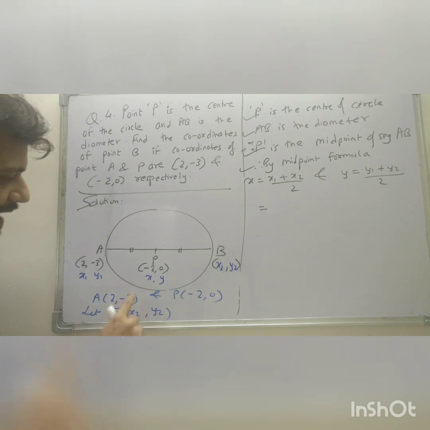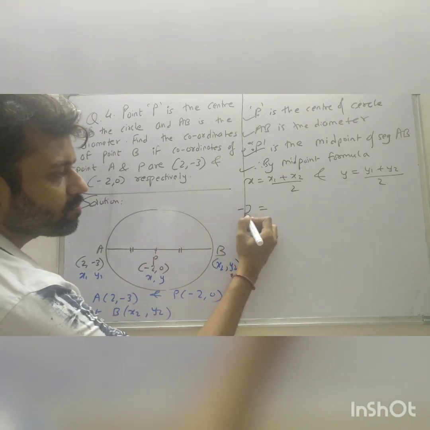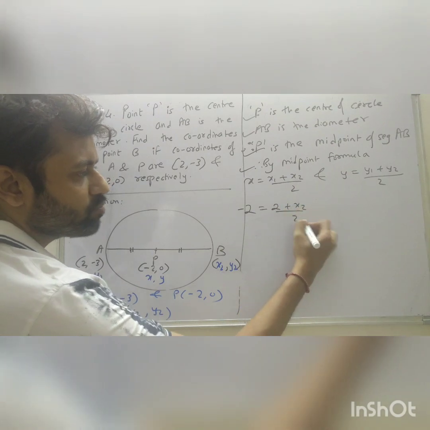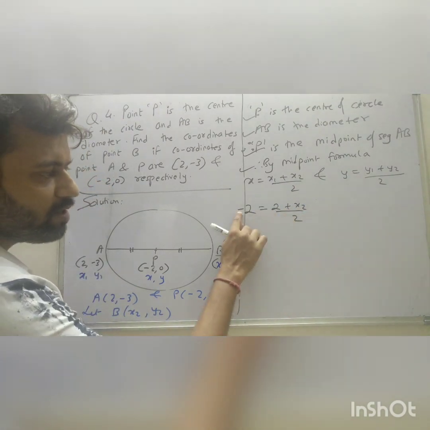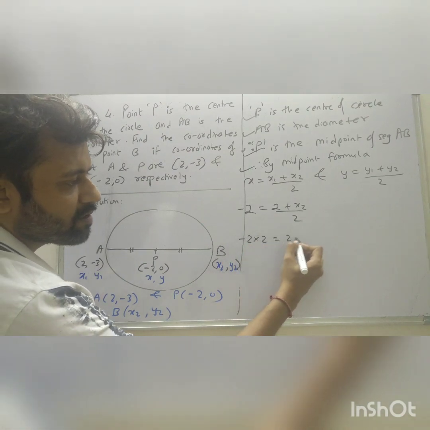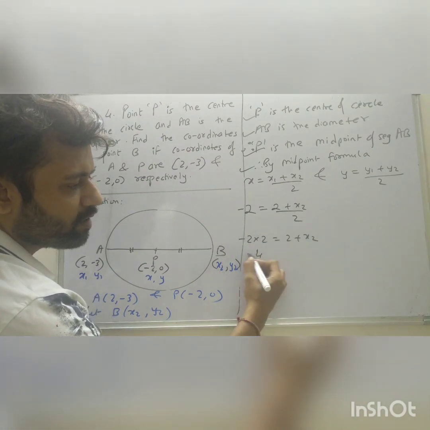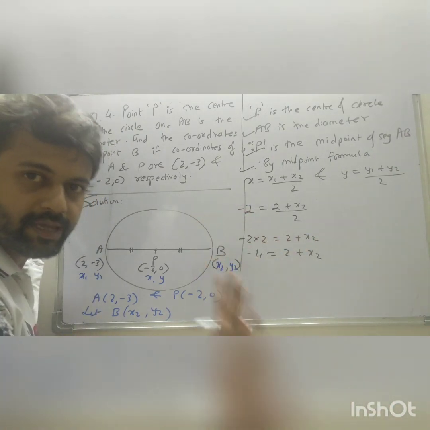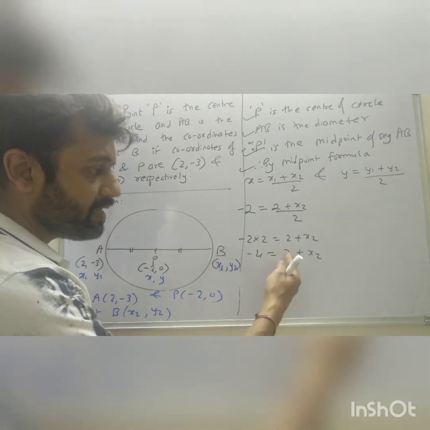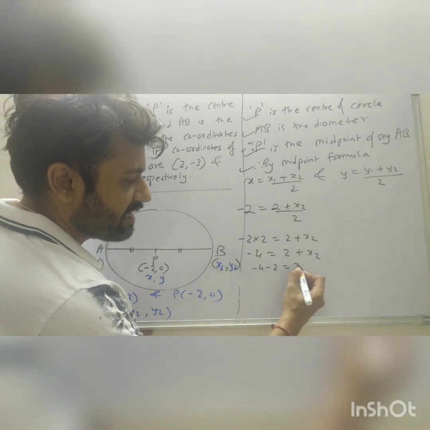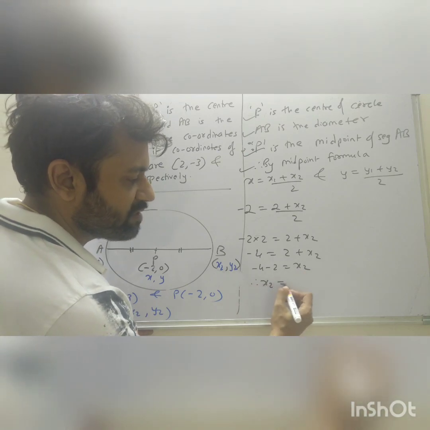Well, x is minus 2, equal to x1 plus x2 upon 2. This 2 will go to that side and it will become multiplication. So you get minus 4 is equal to 2 plus x2. x2 is positive, x2 stays in its place, this 2 will go to the other side. Minus 4 minus 2 is equal to x2. Therefore we can write x2 is equal to minus 6.